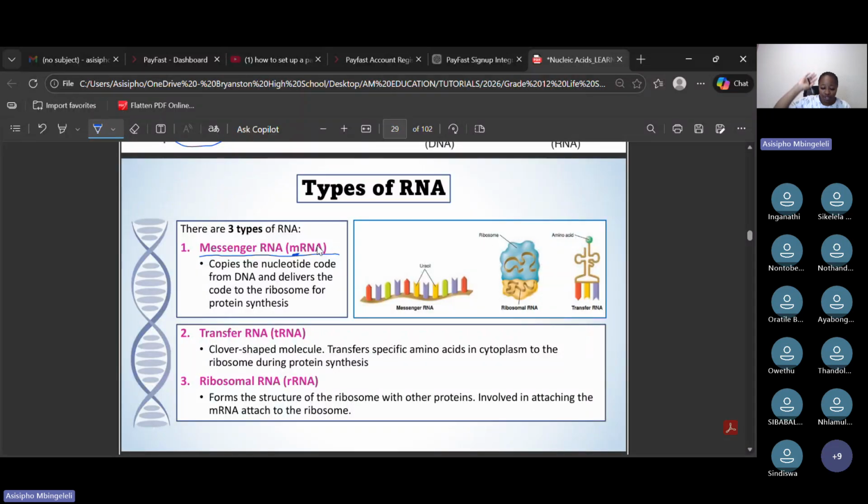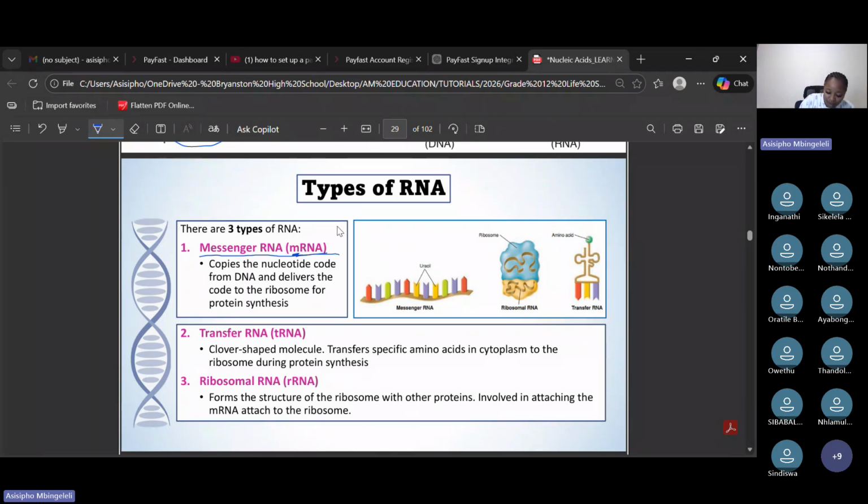If you decide to not write the full word messenger, you are allowed to write m, but your m needs to be in small letters, and then RNA needs to be in capital letters. So m needs to be in small letters and RNA has to be in capital letters.